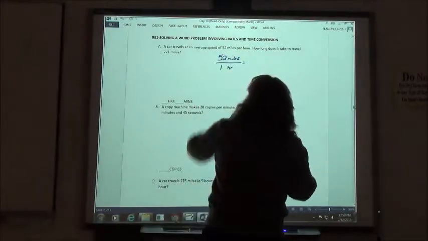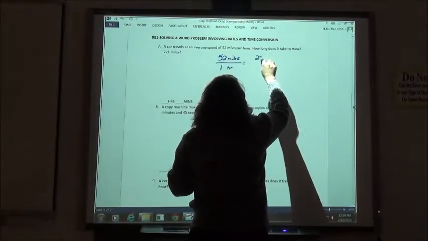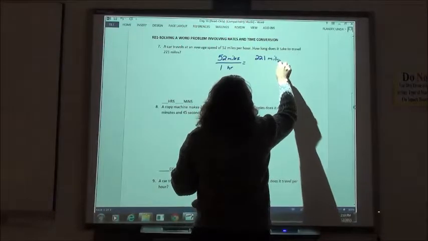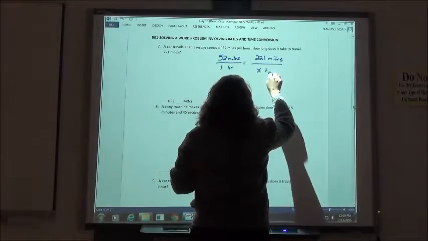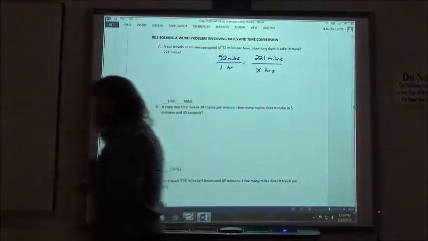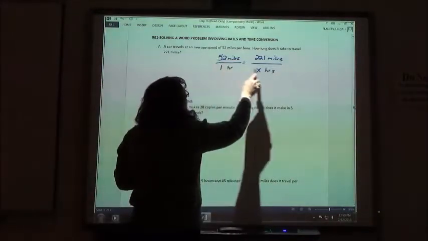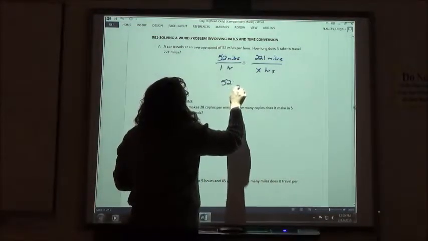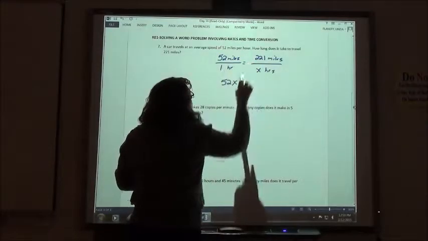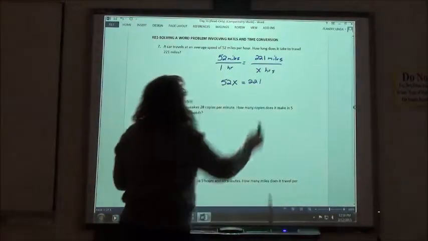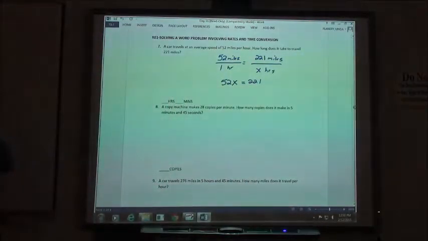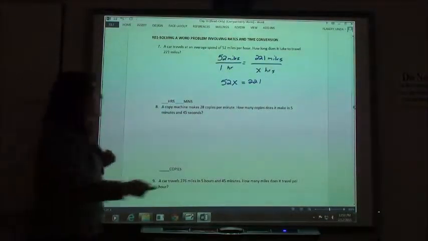Since my miles are on top here, I would want the 221 miles on top here, and I'm finding how many hours it's going to take me to do that. Right? We did some proportions in that review section. So in order to solve a proportion, we cross multiply. This would give me 52x equals 1 times 221, which is 221. And you can see, in order to solve that, I end up dividing.